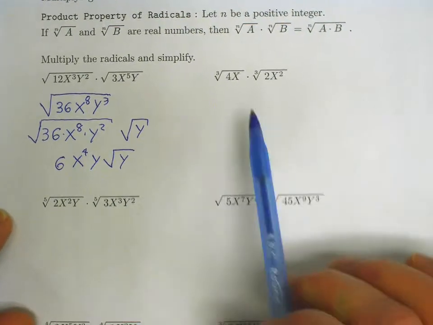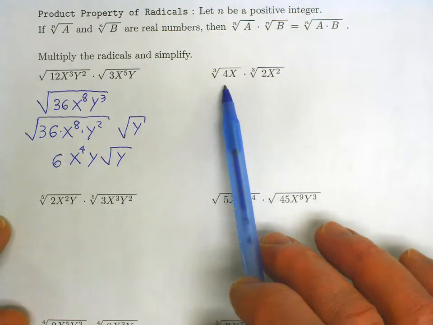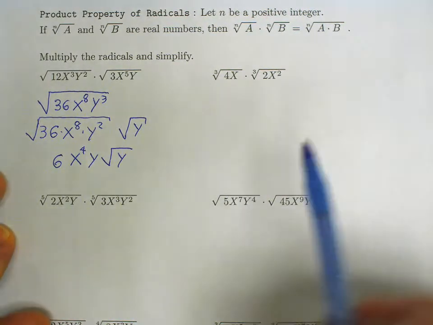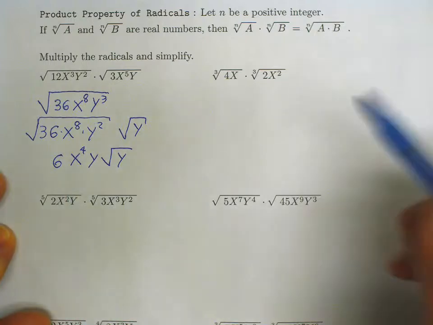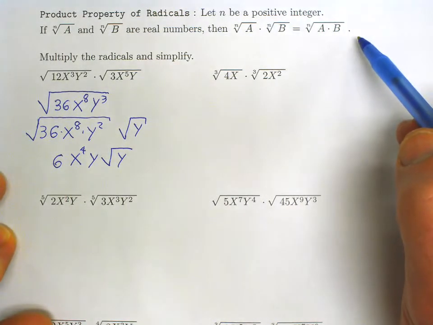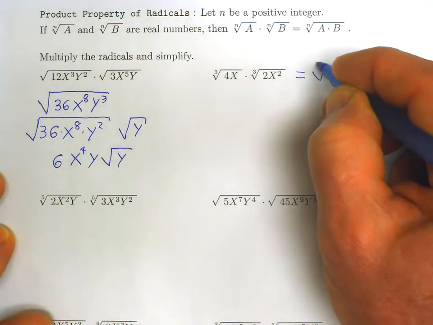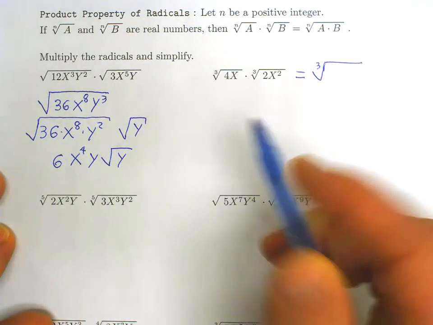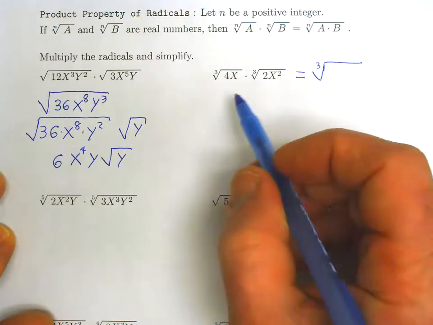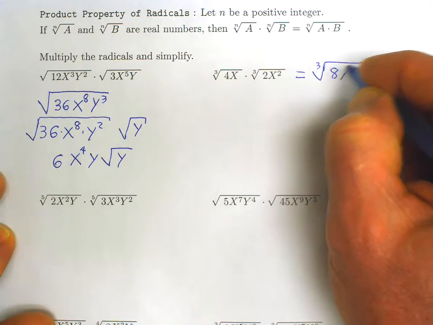In the next example, we are multiplying two cube roots. But we'll do the same sort of thing that we did in the previous example. Since they are both cube roots, I can apply this product property of radicals. So this becomes the cube root of whatever 4x times 2x to the 2nd is. 4x times 2x to the 2nd is 8x to the 3rd.